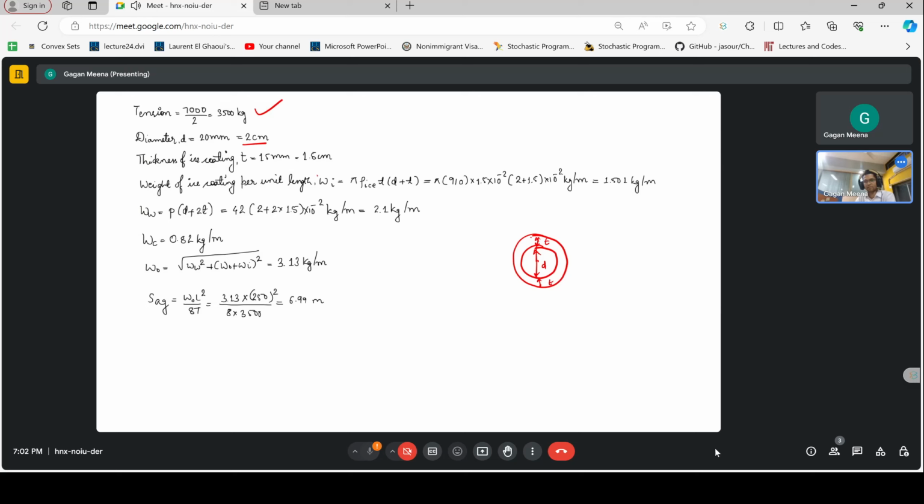The conductor is like this, and if we take only 1 meter, let's say 1 unit, this area we need to find out, which is this rectangle.